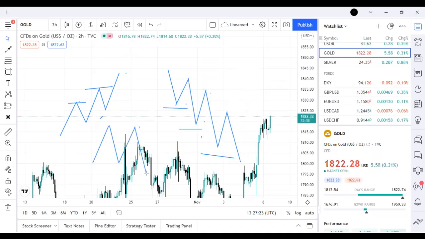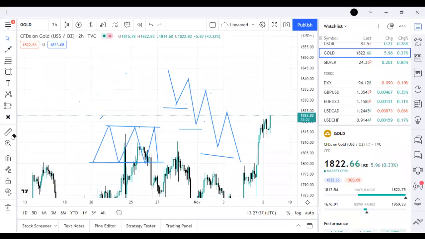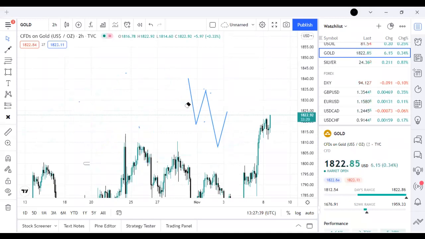A range is where the market is not making a new high or a new low, it is just trading inside this box. These three pieces of information are what you need to really understand the movement and the dynamics in the market. That's the first information you need to understand.